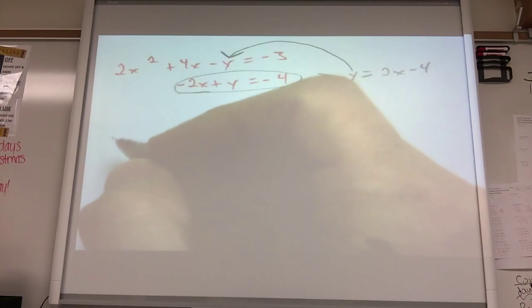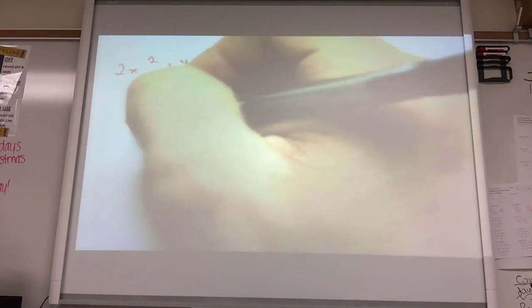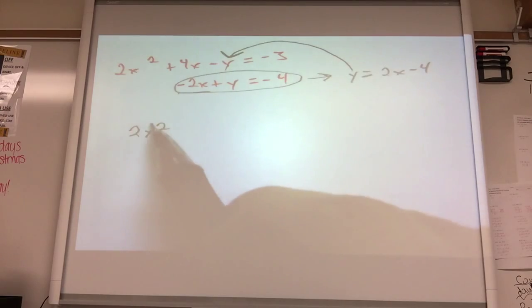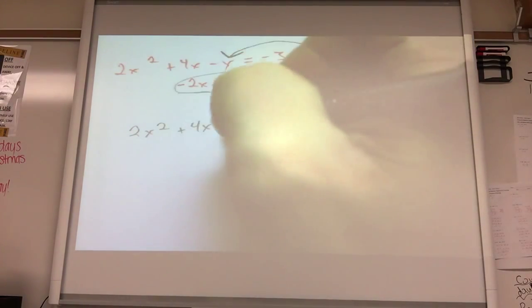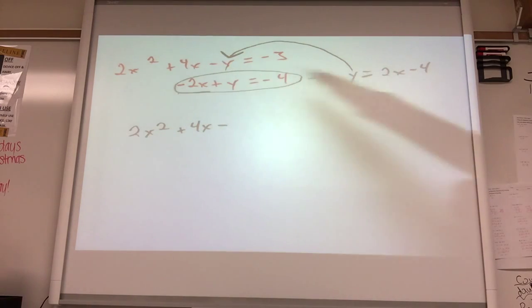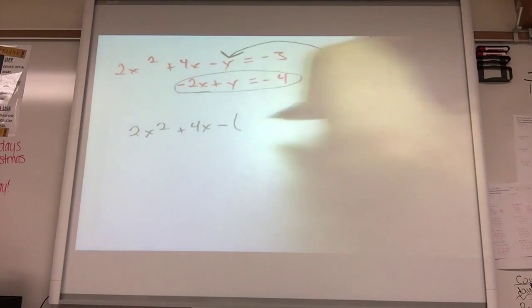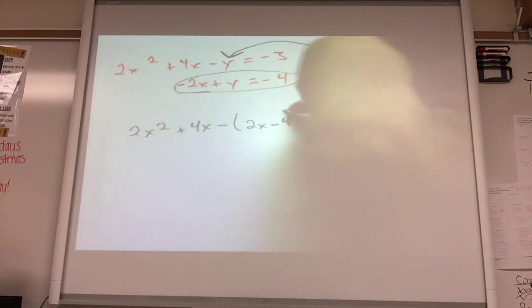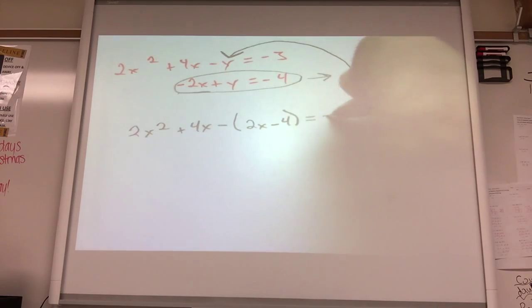So my new equation that I'm going to be solving should look like this. 2x squared, that's coming from here, plus 4x minus, now instead of writing y, I'm writing what y is. It says y is 2x minus 4. So here's my y, and it equals negative 3.